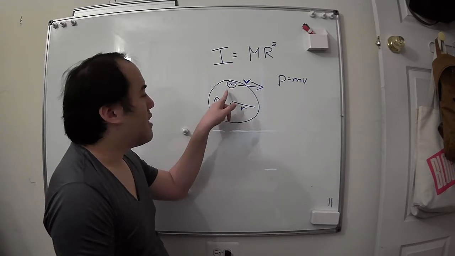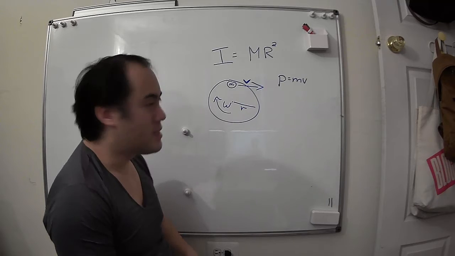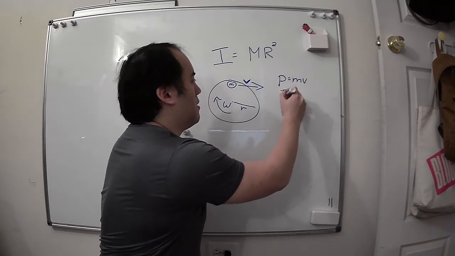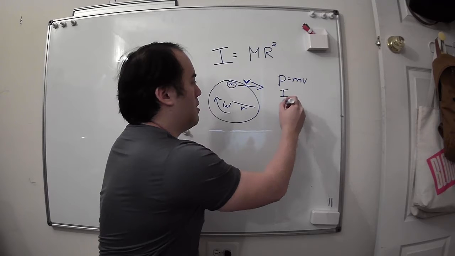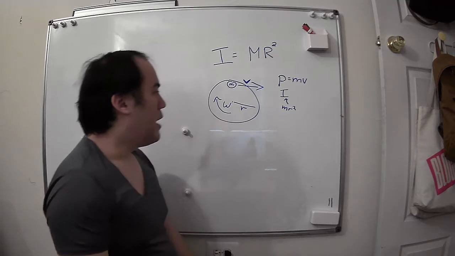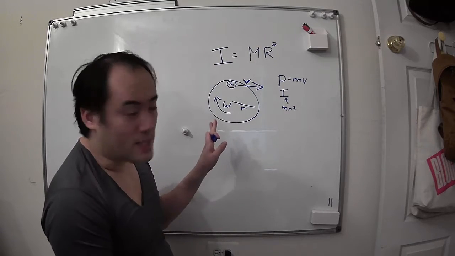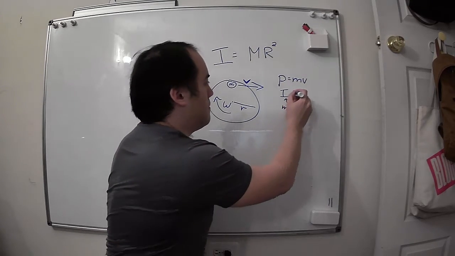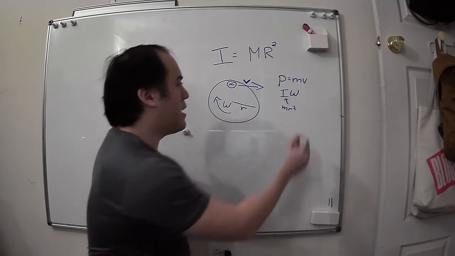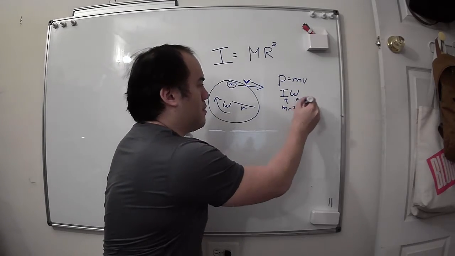That piece of my body also has moment of inertia, mr squared. And it also has angular velocity omega. And omega, in case you forgot, is v over r.